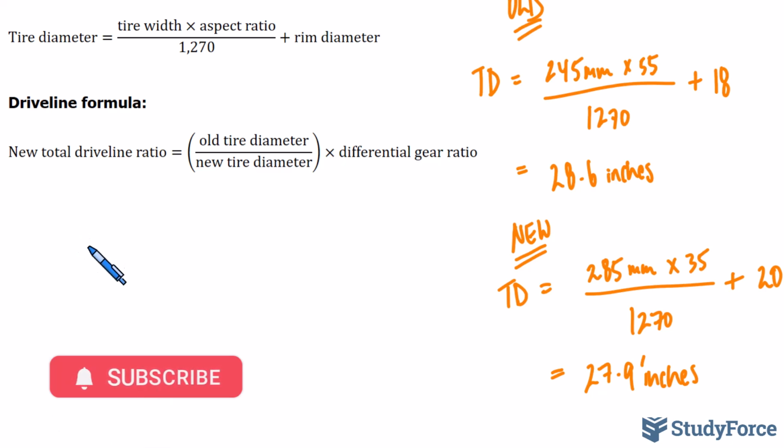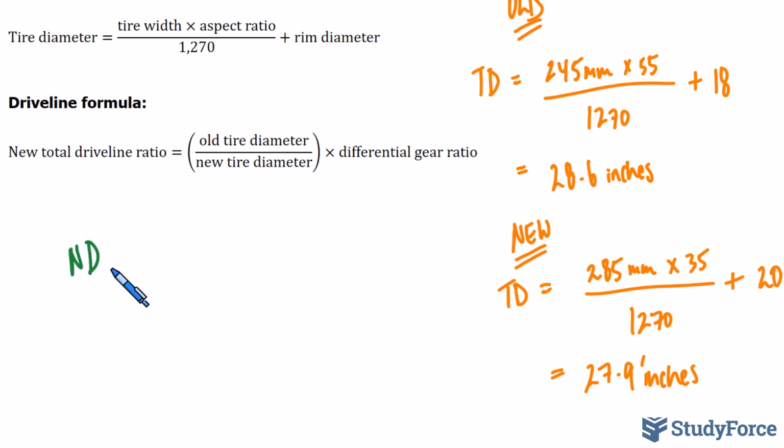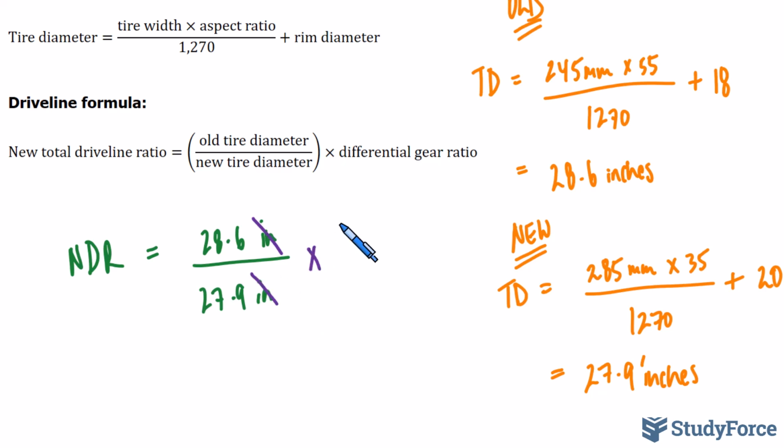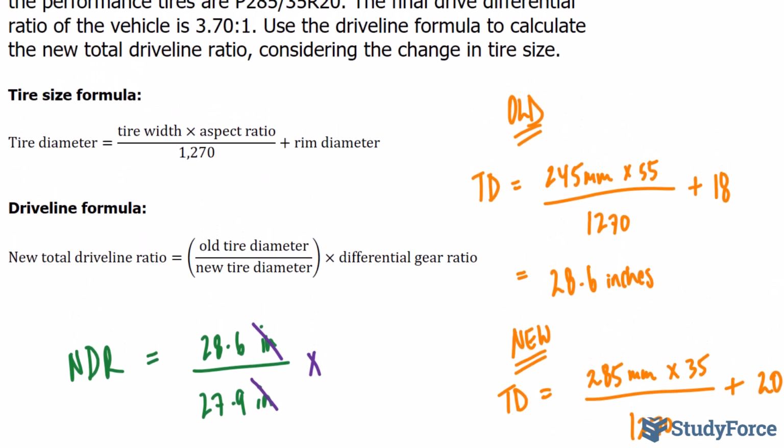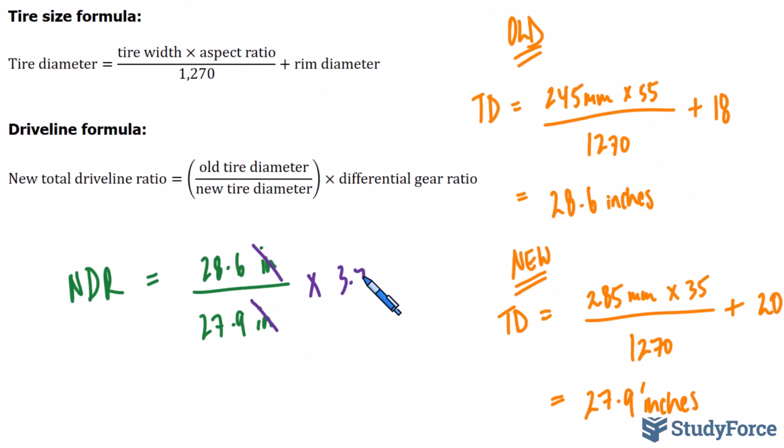So our new driveline, I'll represent it as NDR for new driveline ratio, is equal to our old value, which is 28.6, and that's in inches, divided by 27.9 inches, and you can cancel out the inches unit, you don't even need it for this. Then multiply that by the ratio that was provided. That's the differential ratio of 3.70.